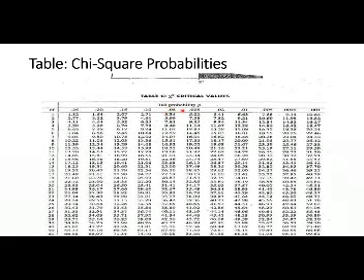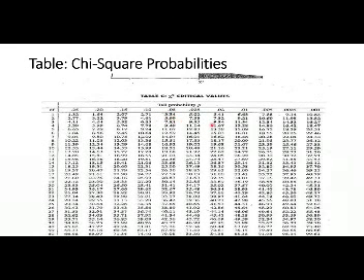For 95% confidence, the p-value, or the probability, is 0.05. Now for the degree of freedom 1, the tail probability of a chi-square value, known as the critical value, is 3.84.